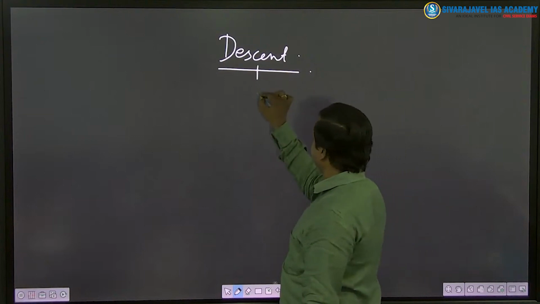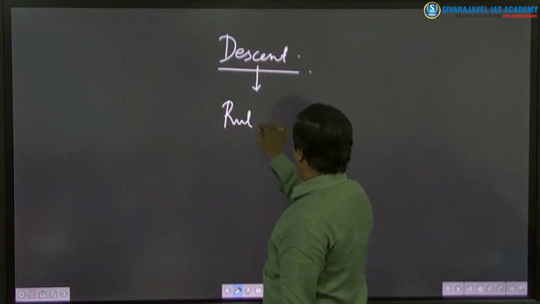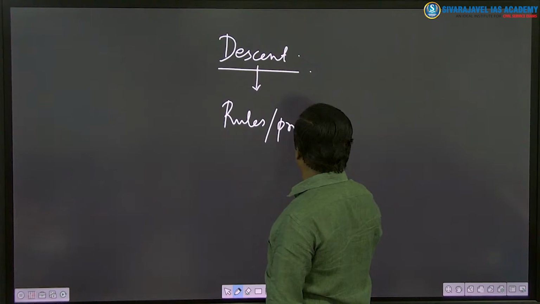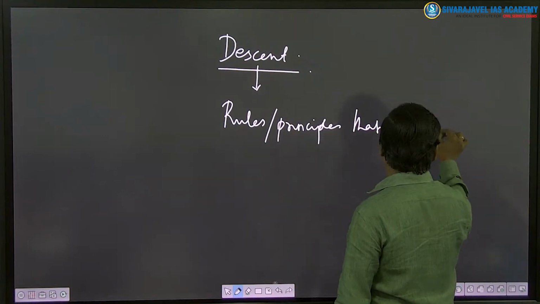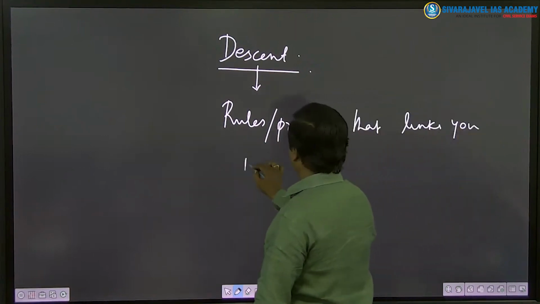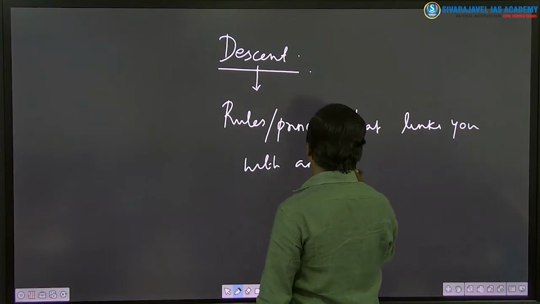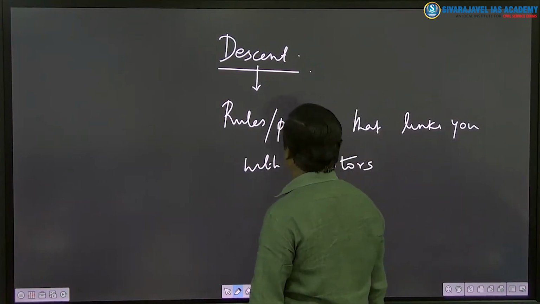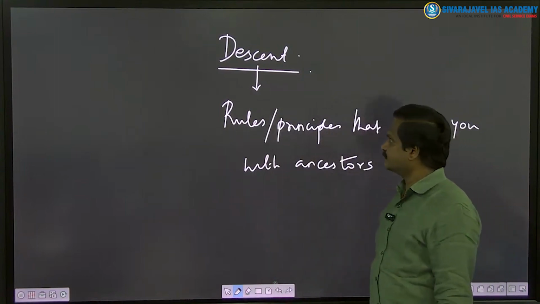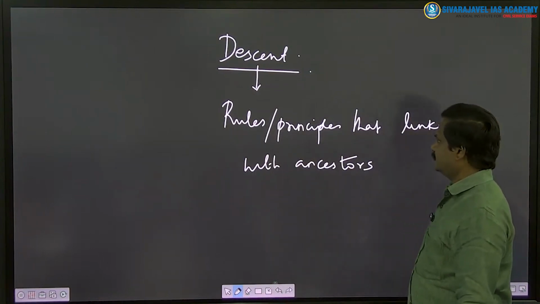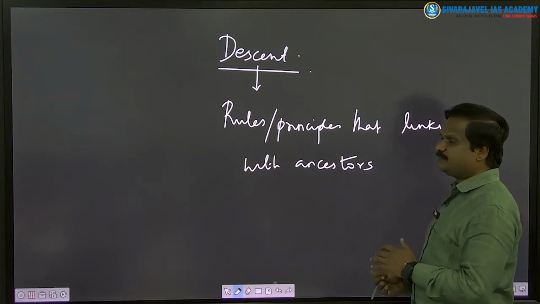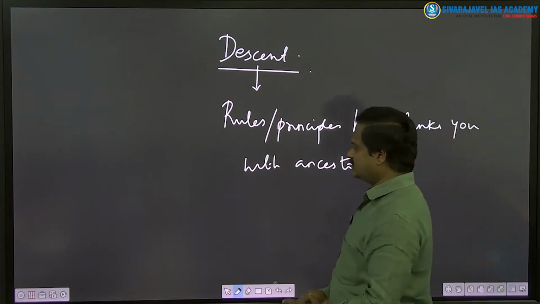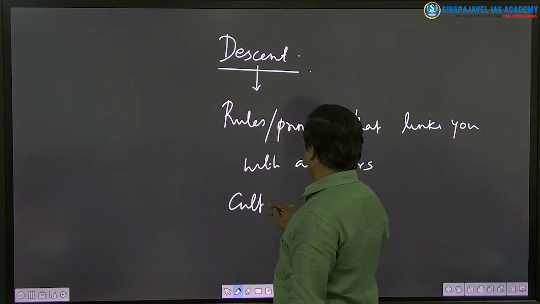Descent means rules or principles that link you with your ancestors. So there are certain principles every culture has. This is a cultural rule.